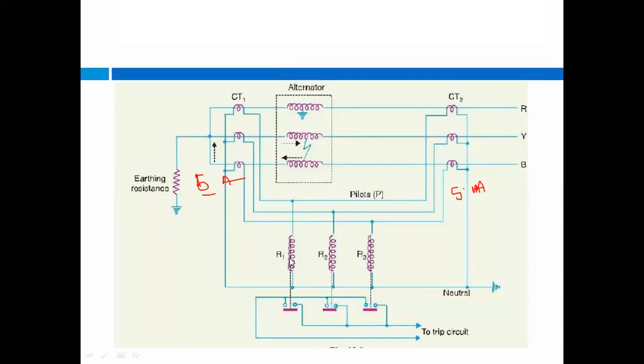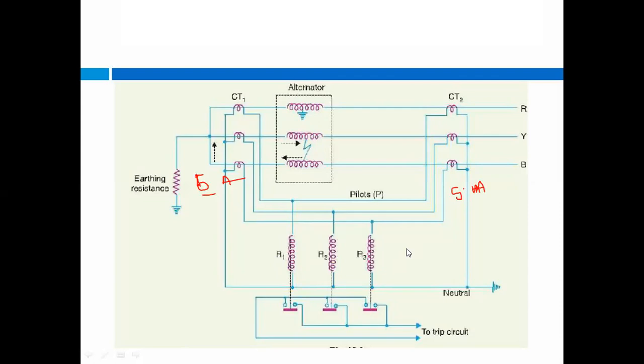There are two coils: one is the operating coil and the second is the restraining coil. Only when the fault current flows through the operating coil does your relay operate. That is why R1 is shown here, but it is nothing but the operating coil of the relay. Then that relay will operate the circuit breaker to trip the contacts.